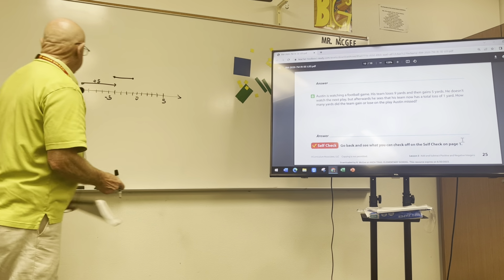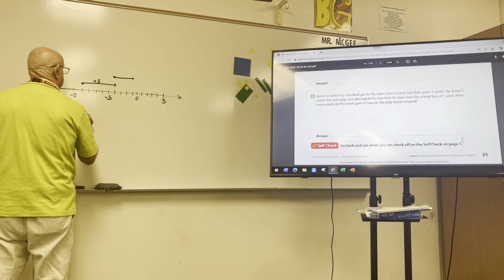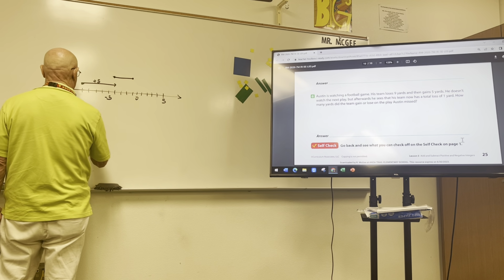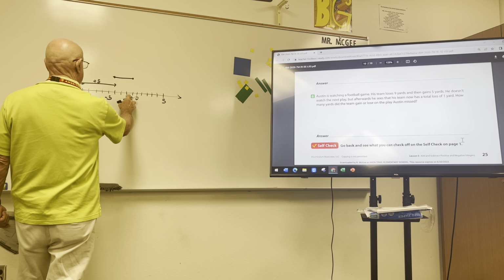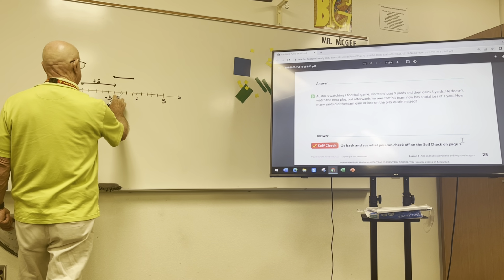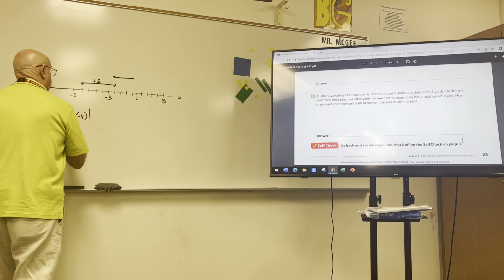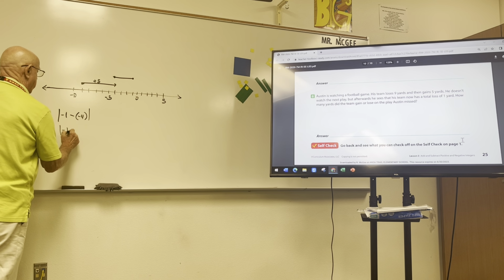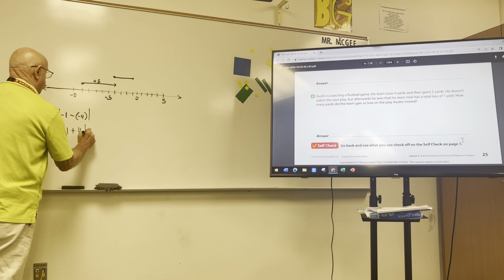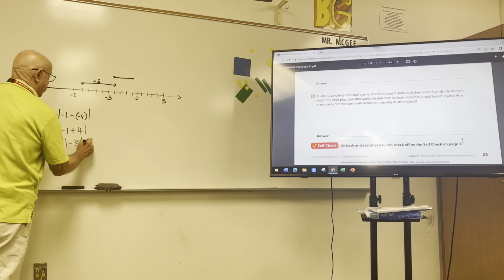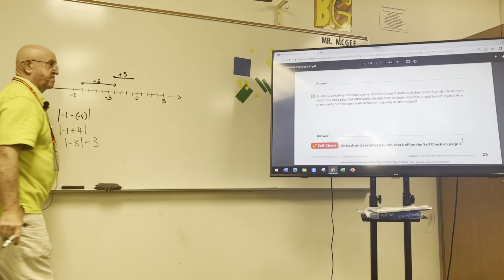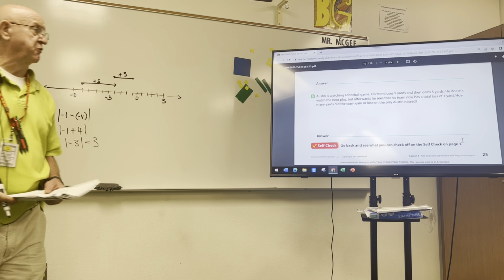So we can do the absolute value of negative 1 minus negative 4, which gives us negative 1 plus 4, which is 3. So on this one, they gained 3 yards. And that's all you have to do to solve that.